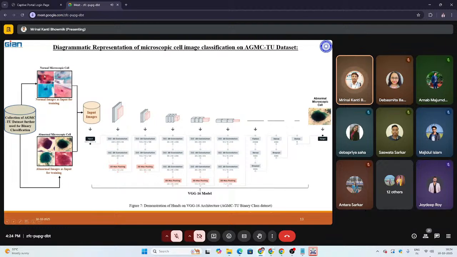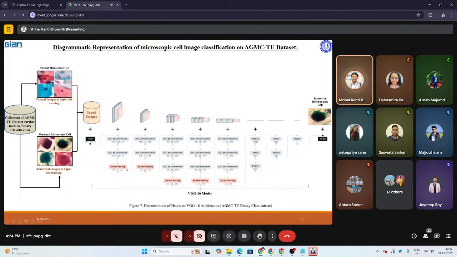So we'll be training the model on normal and abnormal microscopic cells. First of all, as you have already seen in the architecture, it takes the input images 224 cross 224 cross 3, and we'll be passing them through the convolution layer, which is 224 cross 224 cross 64, where 64 is the number of filters, and after that we will be doing max pooling.